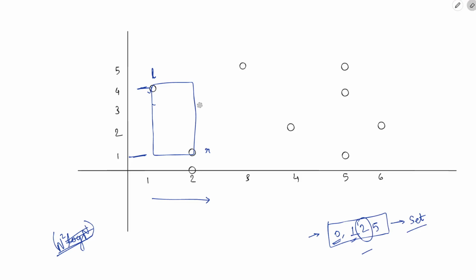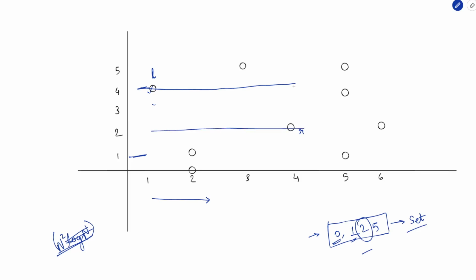Now for the next x, in this particular case, this doesn't have any valid x. In this case, this is a valid x. Now for this x, we want to check if there is anything in between the value of y at this L and this r. So we want to check whether there is anything in between this, right? So if you have already visited a point whose y is greater than the y of current r, then no matter what you do, this point will always be inside this fence.